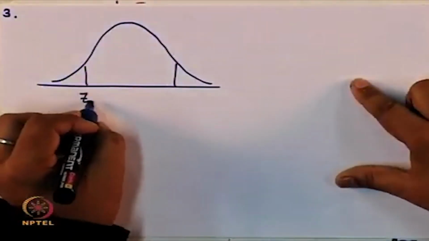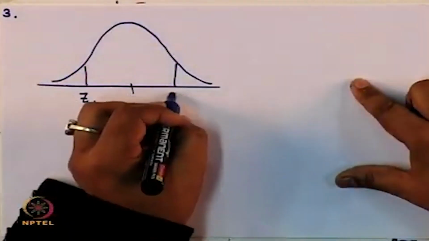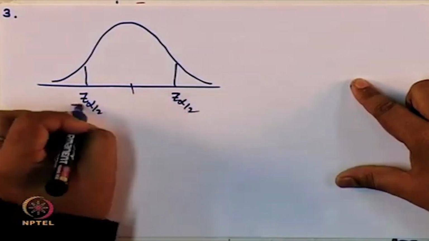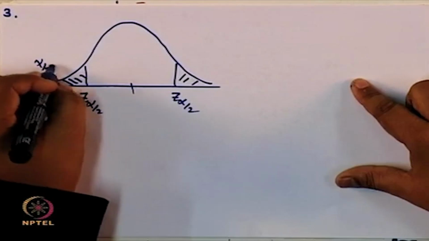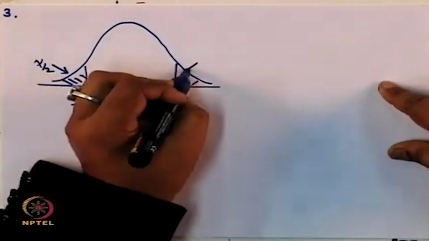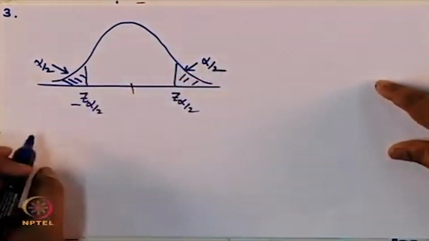So, this error that you accumulate, this area under this curve is alpha by 2. So, the net area is alpha.